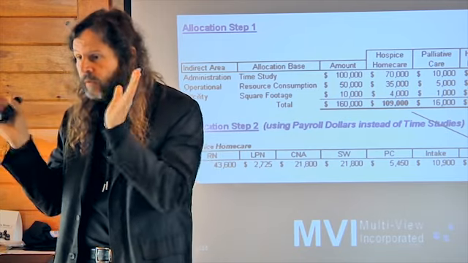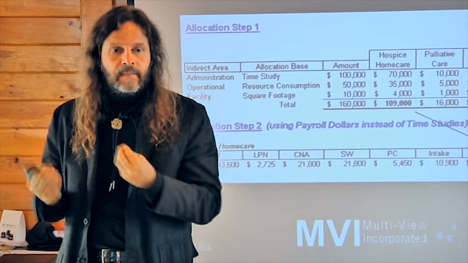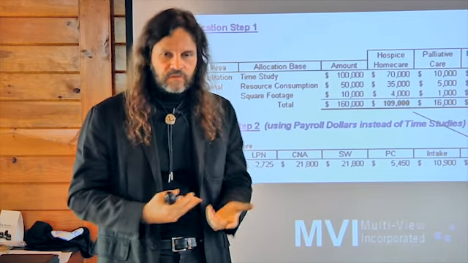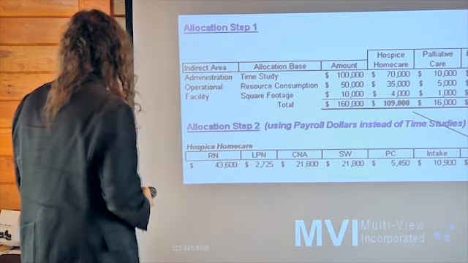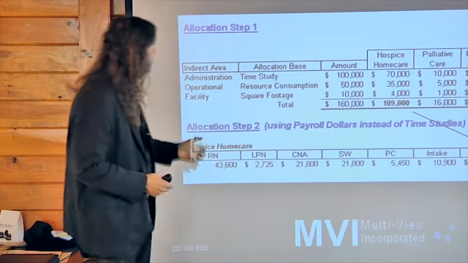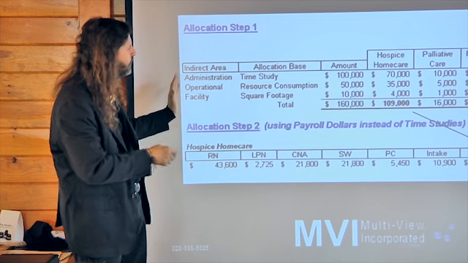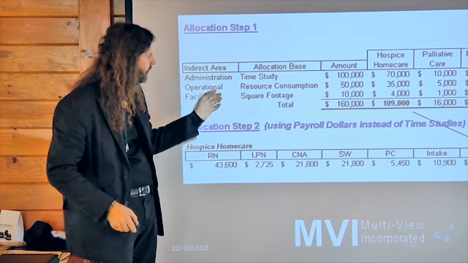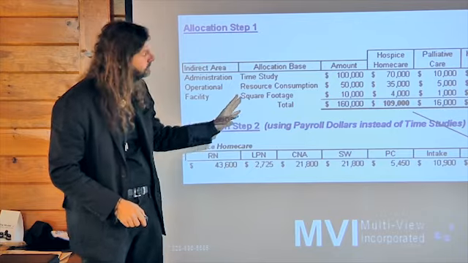Whatever seems like an appropriate allocation base of resource consumption. So administration might be a time study, whatever, square footage, whatever. We have our indirect amounts. Here's $160,000. I'm just using 3 areas, but again, we're using 50.